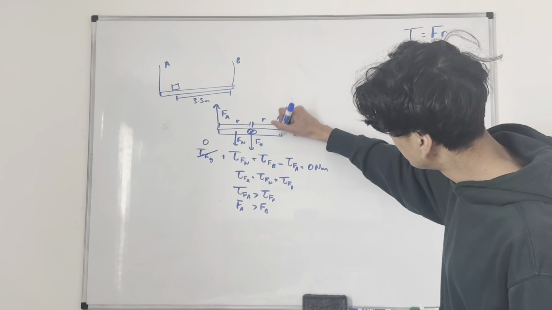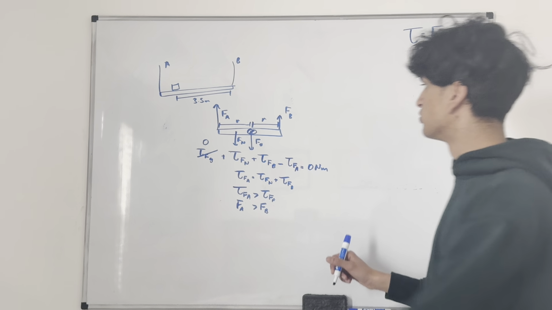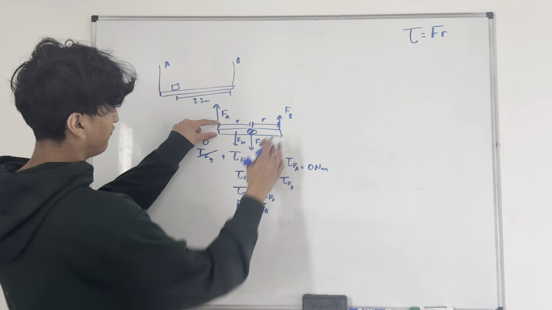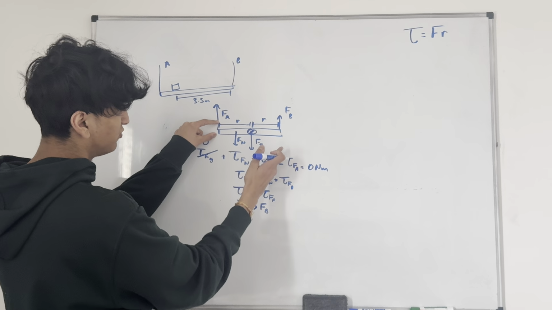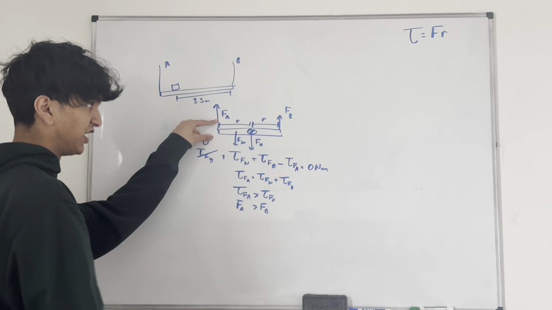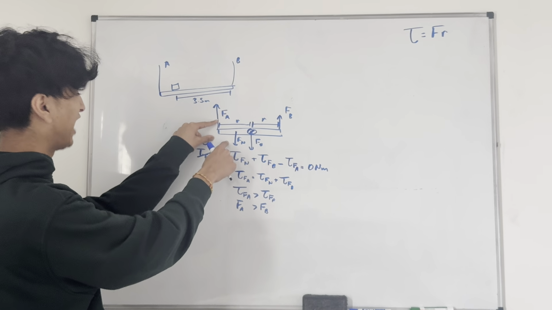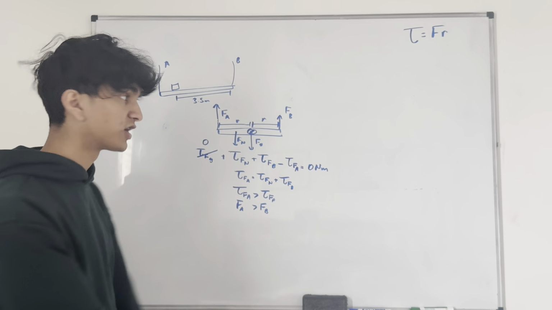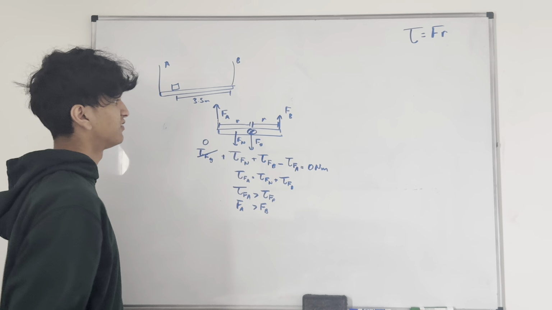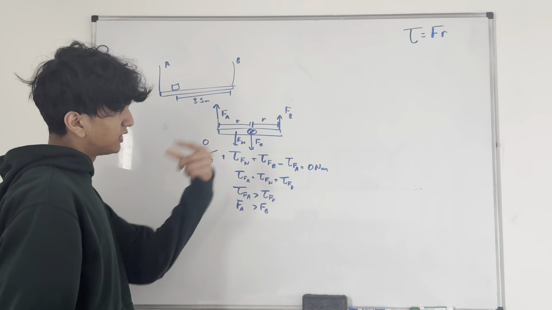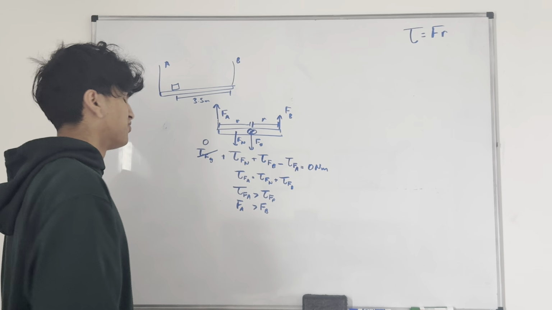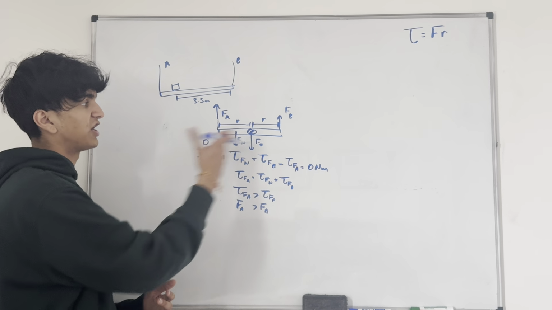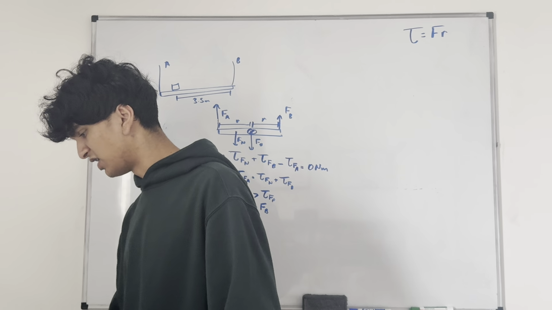And when you look at this axis of rotation, the torque by Fb needs to balance out these two torques. But at this axis of rotation, Fn actually produces a smaller torque because it's a closer distance. And so therefore Fb would be a smaller torque because it's balancing out less. There's multiple ways to look at it depending on your axis of rotation, and I'm going to talk about that in the next few problems.